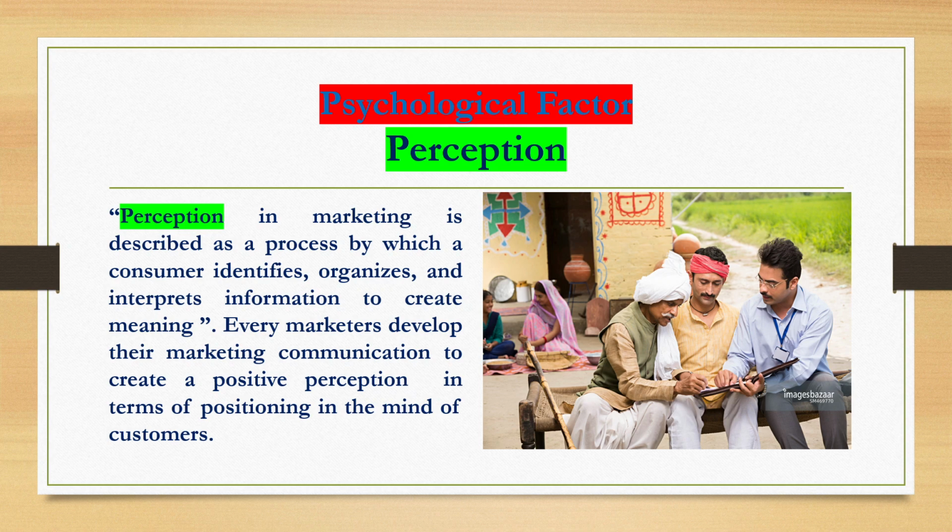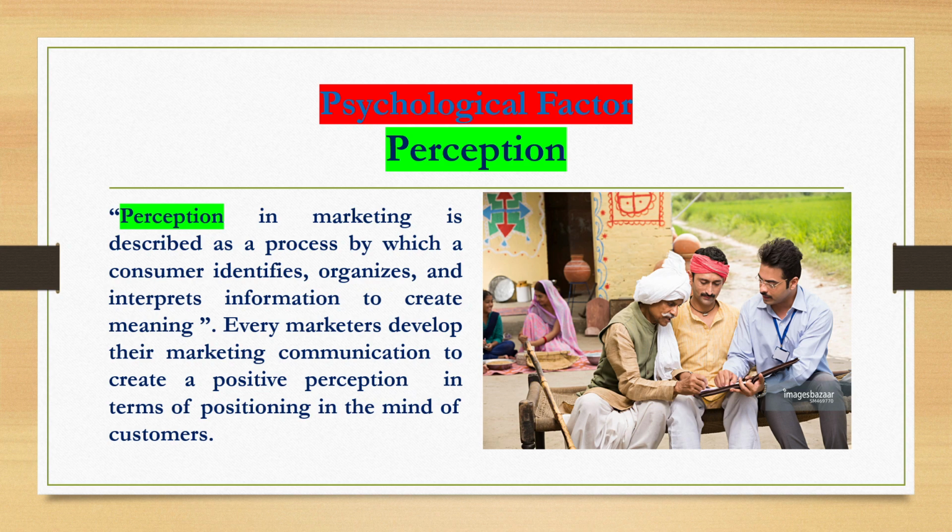So definitely a marketer must develop a positive perception in the mind of consumers by positioning strategies. Like I say Amul, the taste of India. It definitely develops a positive perception emotionally in the mind of consumer that it's an Indian product which is catering the taste of Indian consumers.